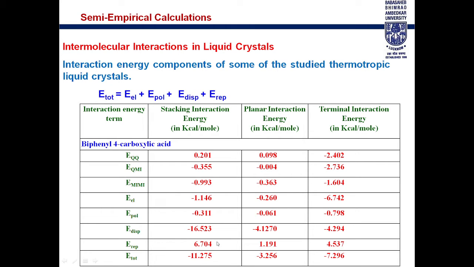One can see that dispersion energy has the major contribution to the total energy in the stacking. Similar is the case for the in-plane, planar interaction, and even in the terminal interaction.